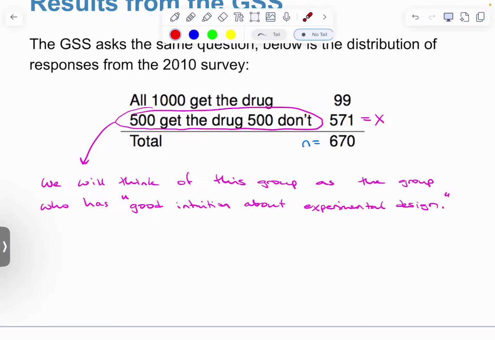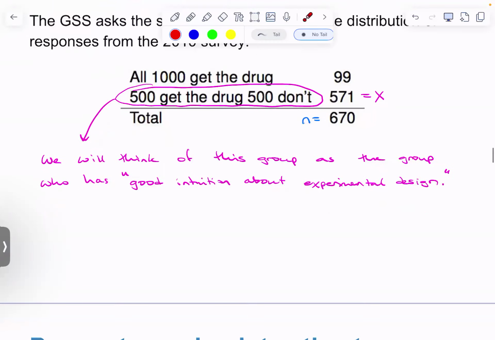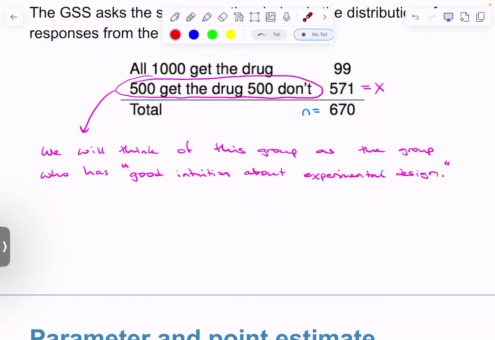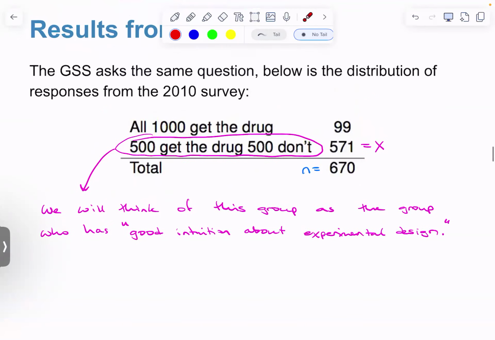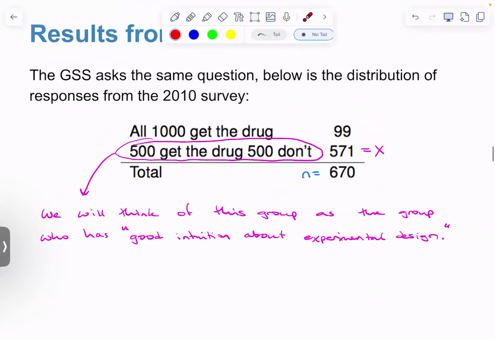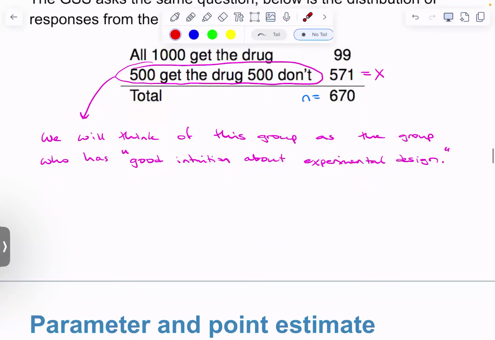So depending on what I want to talk about, that determines what my X is.